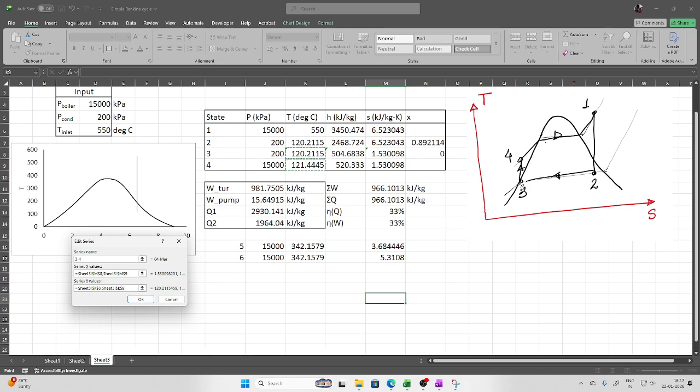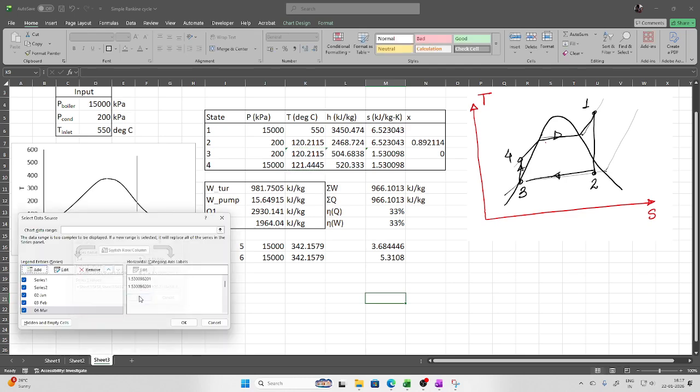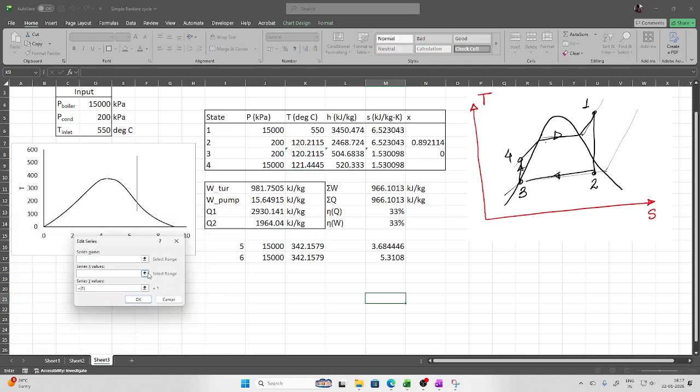Then this is 3 to 4. Okay, then 4 to 5 I will be drawing. Add, this is 4 to 5. I don't know whether it will come 4 to 5 or give some data, doesn't matter. So 4 to 5. So this is S4, and then press control, then S5, then temperature, then it is T4 and then T5.